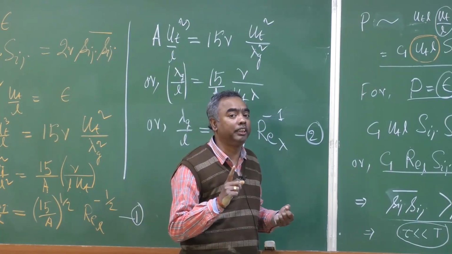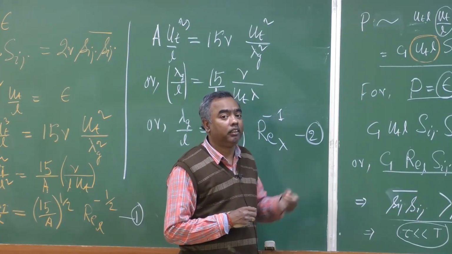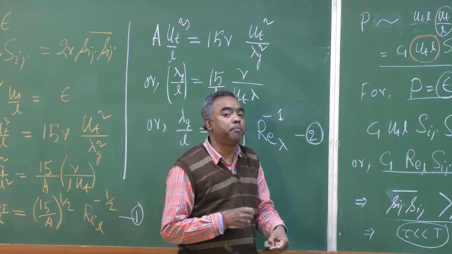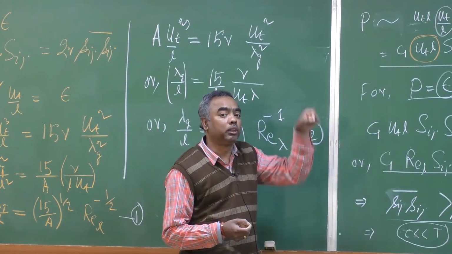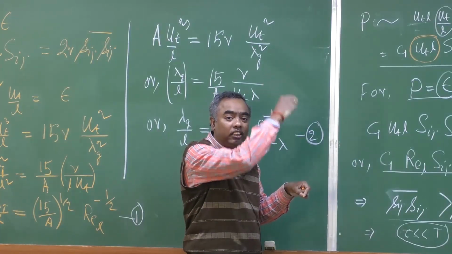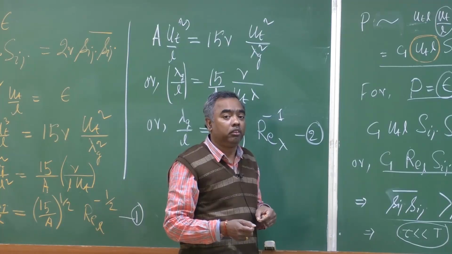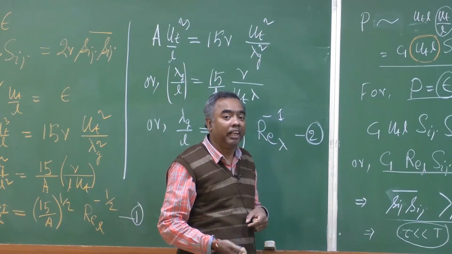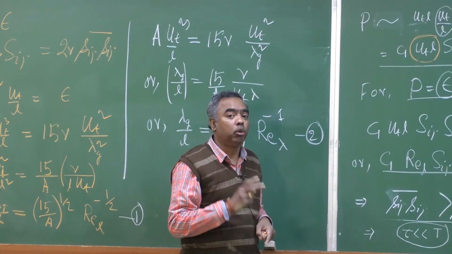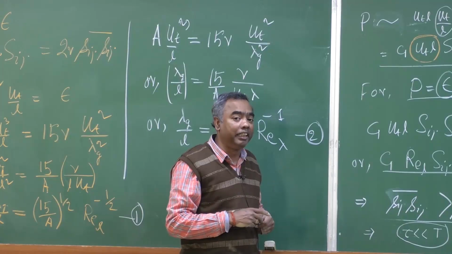Another parameter is the rate at which energy is received by the small scales, the rate of energy cascaded down to the small scale. If it is higher, then the dissipation rate will be higher. So, these are the two parameters on which the small scale or dissipative eddies depend.